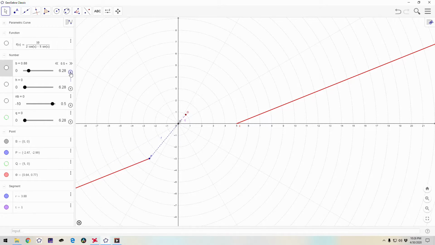See, as theta rotates, r is still negative, and look right there. Right, this is one of the points we calculated, right? It has theta as 90 degrees, or pi over 2, and then the r is negative 2. It's pointing the other way from it.